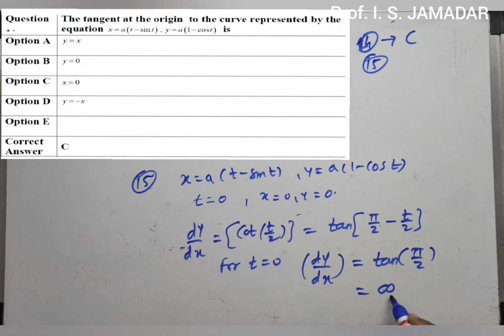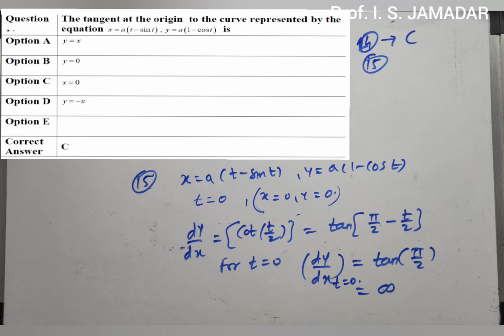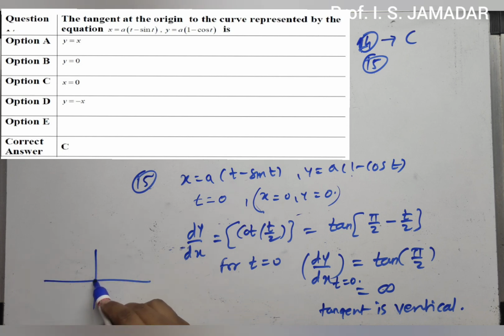So dy by dx is infinity. The derivative at the origin is infinity, means the tangent is vertical. At origin, tangent is vertical means the y-axis.